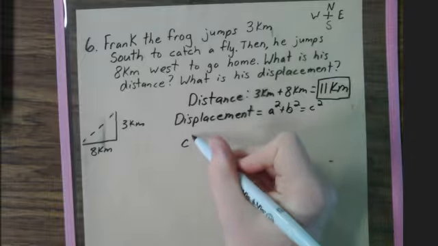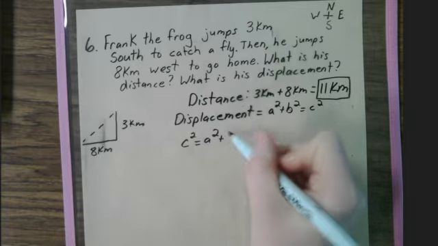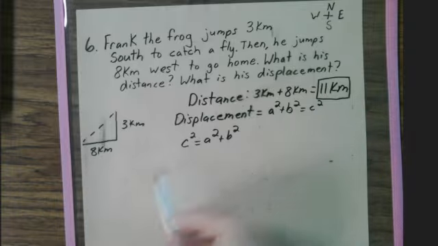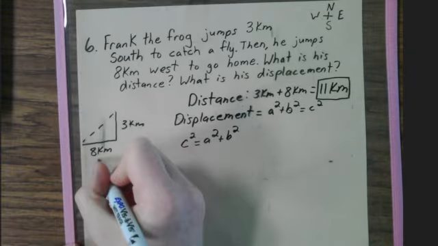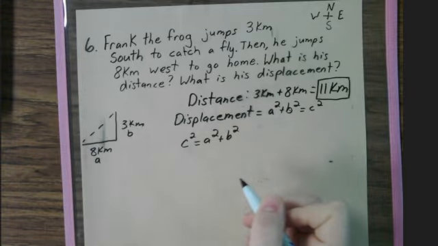Let's continue this down. c squared is equal to a squared plus b squared. Now I'm going to have this one down here be a and this one here be b. Either one will work.